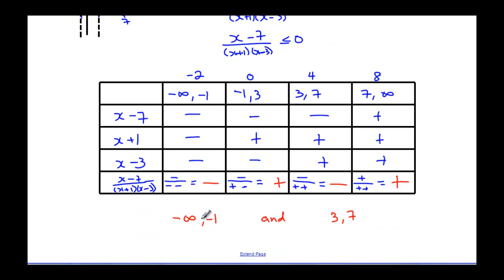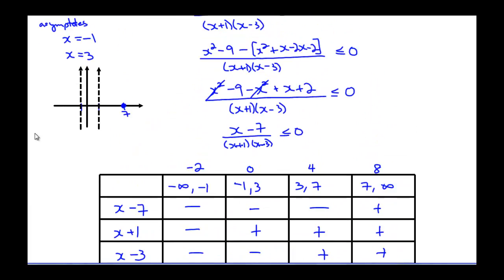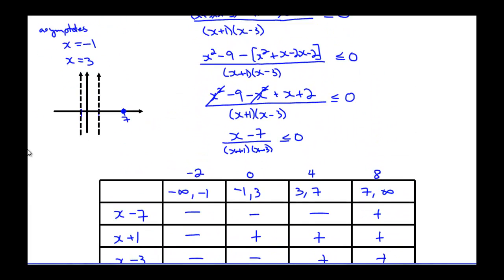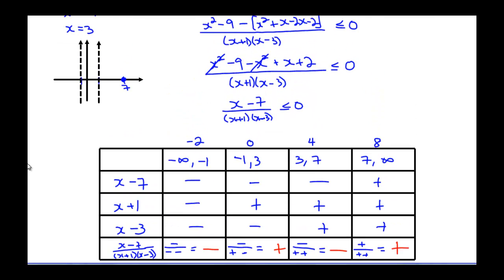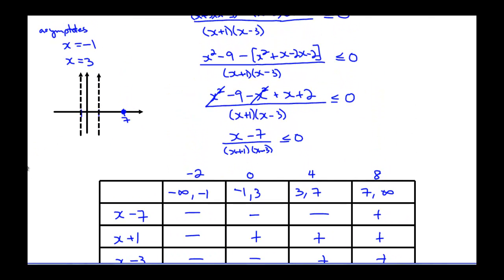So we need to look at these values now and remember that some of them were asymptotes. Negative 1 and 3 were asymptotes. So therefore, there is no graph at an asymptote. So they cannot be included in the interval. So what we should do is exclude the negative 1 and 3 automatically because they are asymptotes and there's no point there.